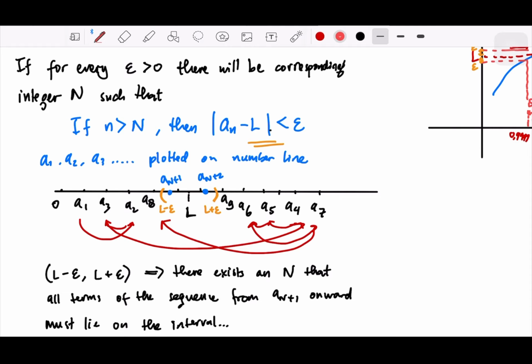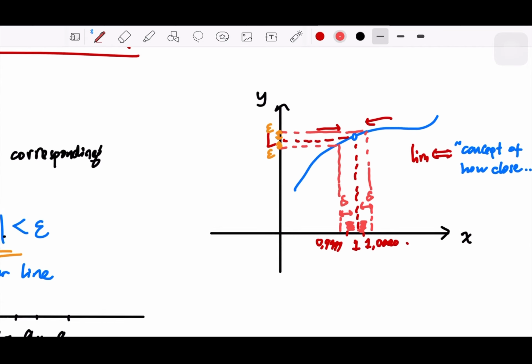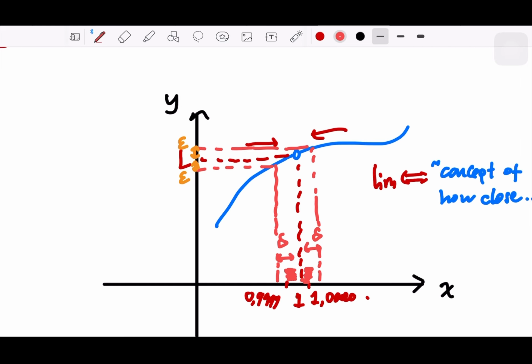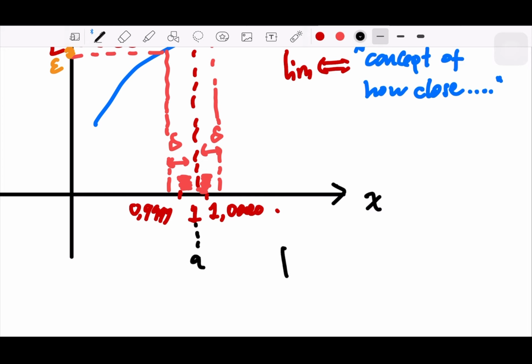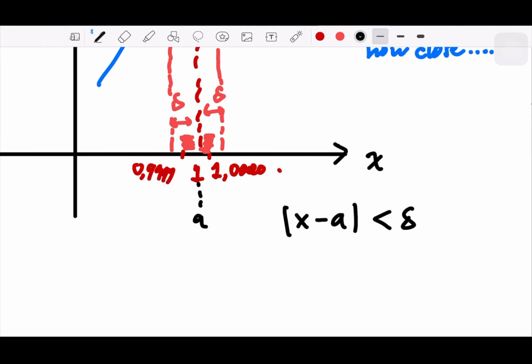If you want to look at the more general definition, the precise definition means that at every delta, or at every distance here, if this is a, we are just looking at every distance between this x and a.